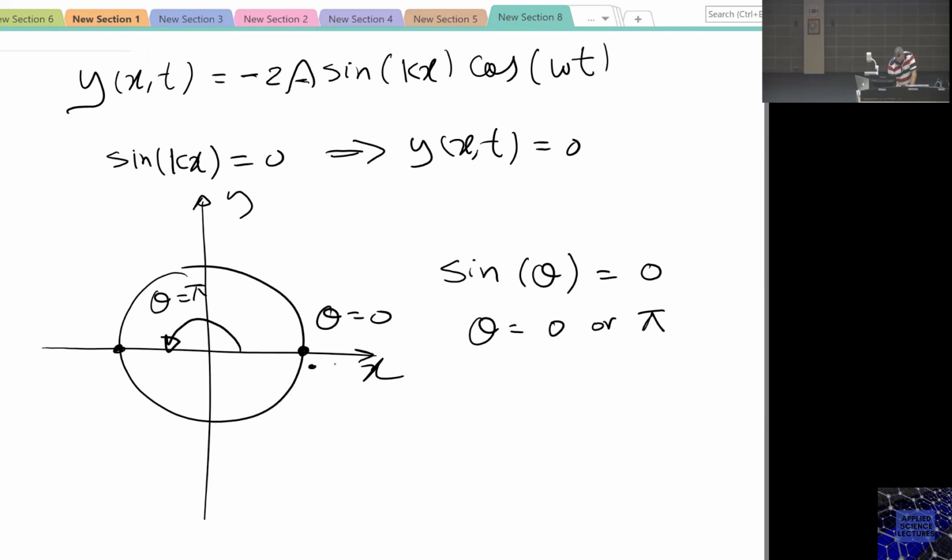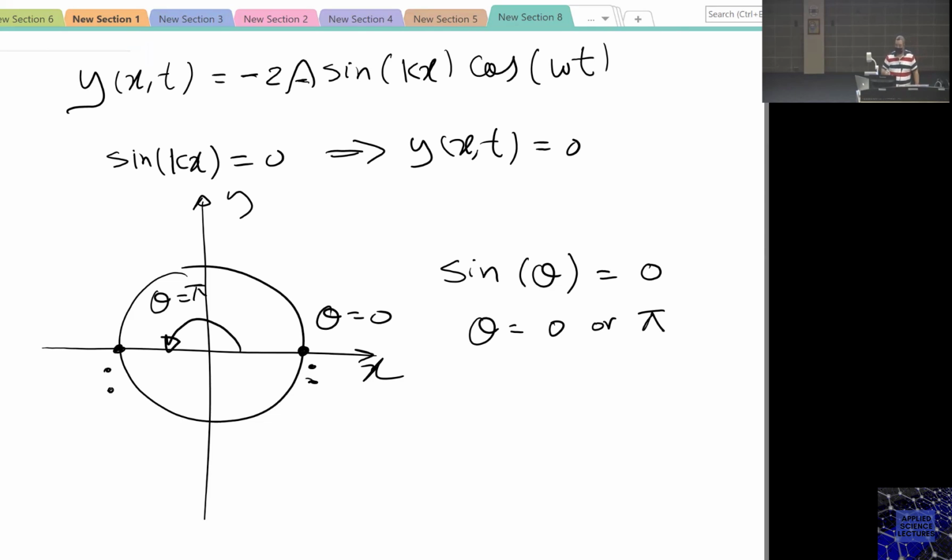So 0 or pi, add pi to it becomes 2 pi, which is here. Add pi again and it becomes here, which is a periodic function whose period is pi.